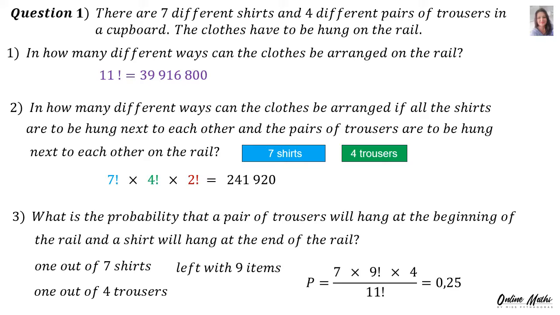Therefore, the probability will be the 7 shirts times the 4 trousers, and then the 9 factorial, because you are left with 9 items in different ways, everything divided by the total, 11 factorial. Therefore, the answer is 0.25.